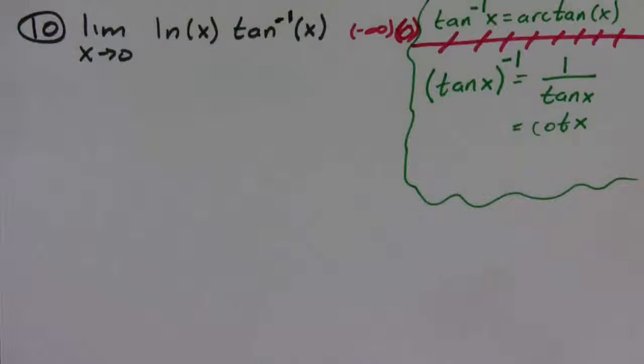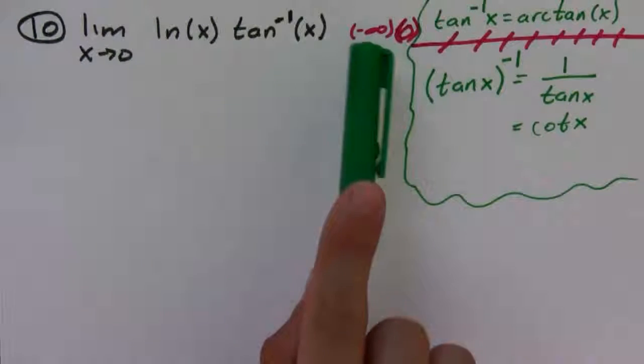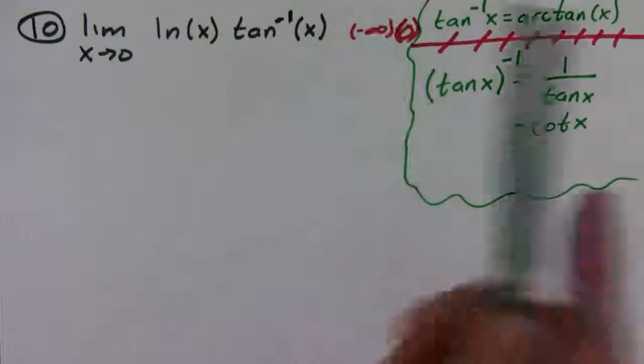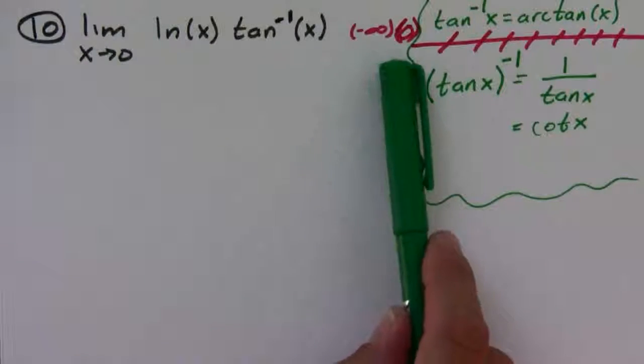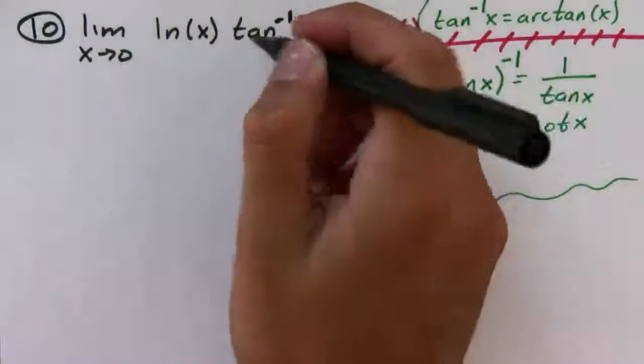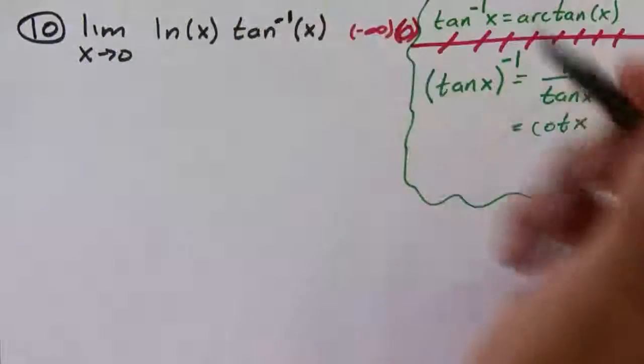which means that this is indeterminate, and since it's infinity times 0, or negative infinity times 0, it doesn't matter, I can use my backwards tortilla trick that I've been using for several other problems. And it's really up to you which one you want to bring down.